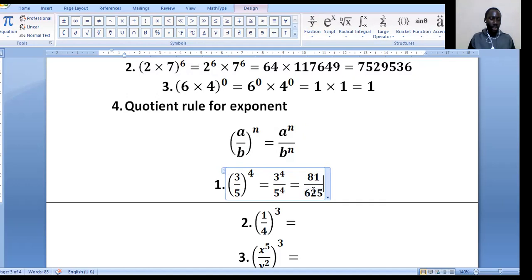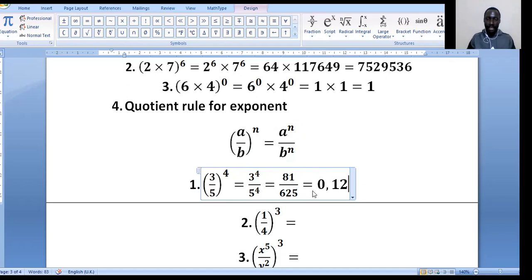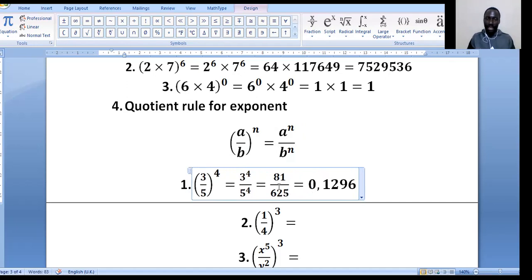So now we can divide these two quantities, that is 81 divided by 625. Well, that will give us 0.1296. Well, we could write that 0.1296, or you could stop, leave it at this. There isn't any crime with that.